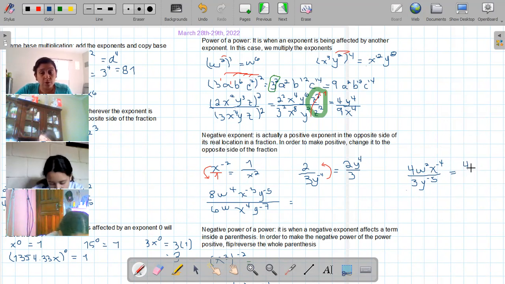The w squared in the numerator is positive, so I copy that as well because I'm doing nothing. The 3 in the denominator is positive, so I keep it there. But you can see this x to the negative 4th power has to go to the denominator, so I can make it positive. And this y to the negative 5 has to go to the numerator.